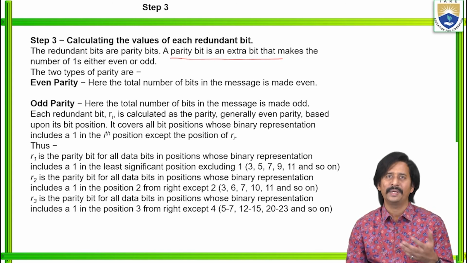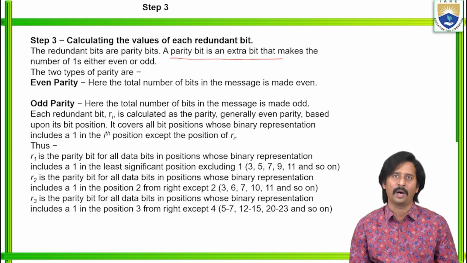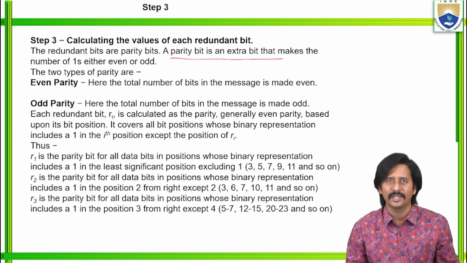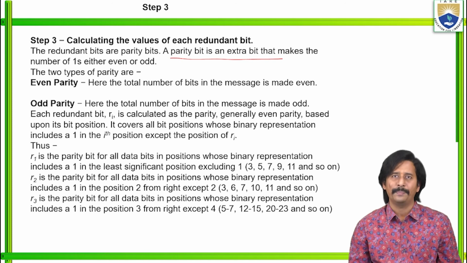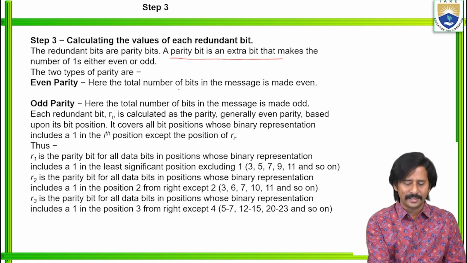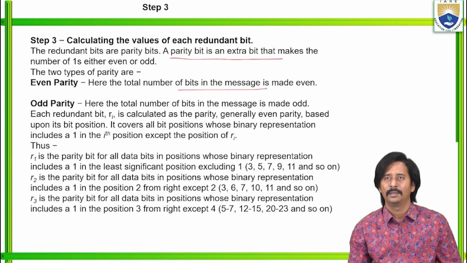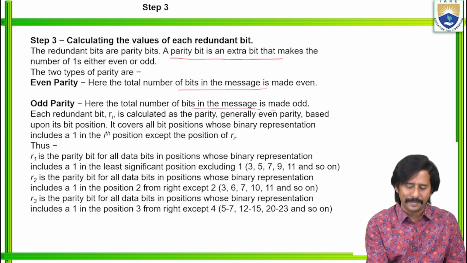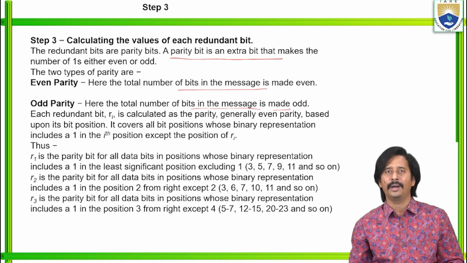So there are 2 types of parity bits. One is even parity, second one is odd parity. What does that mean? Even parity, the total number of ones in the message is made even. Odd parity means the total number of ones in the message is made odd.